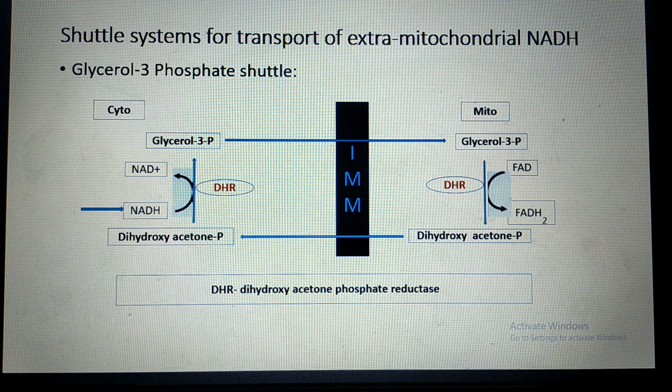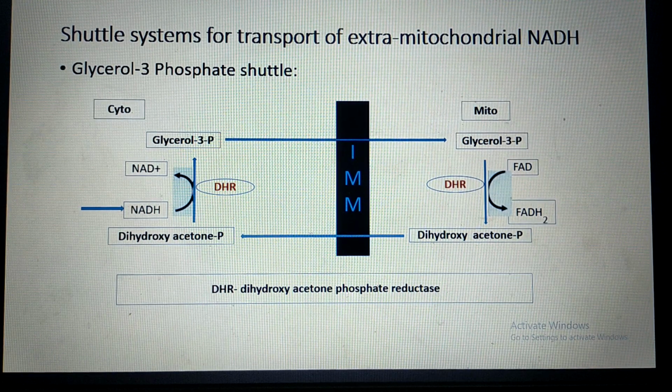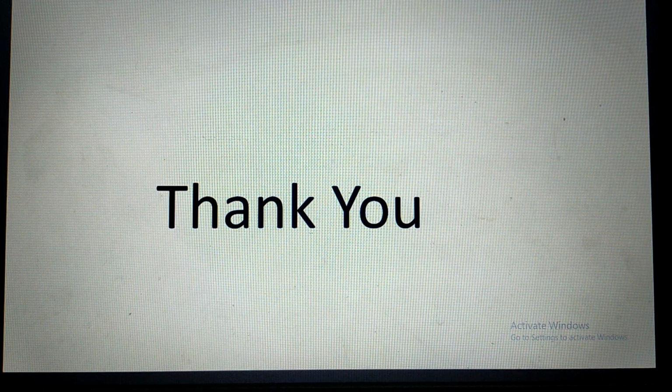If NADH is generated, it gives 2.5 ATPs, but here FADH2 is generated, so it gives only 1.5 ATPs. So one NADH generated in the cytoplasm of muscles and brain, after this shuttle it generates FADH2 which gives only 1.5 ATPs. This is about the shuttle system for transport of extra mitochondrial NADH. Thank you very much, and this completes our topic of biological oxidation.